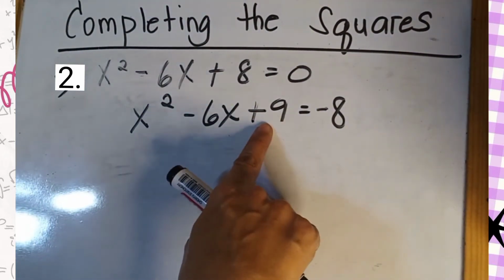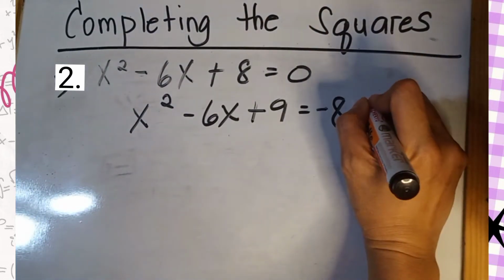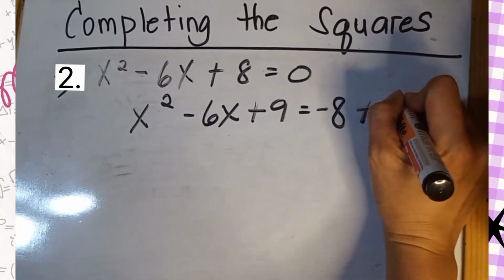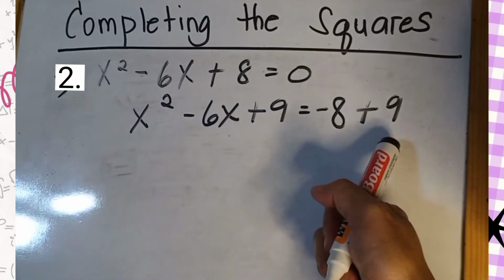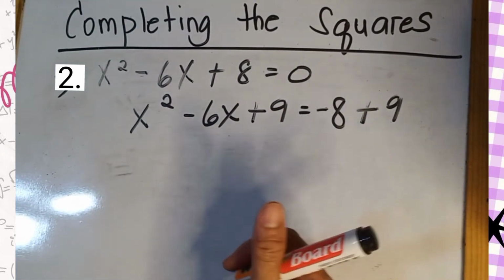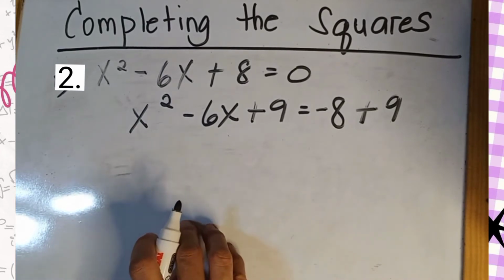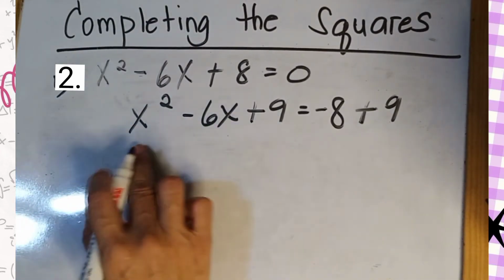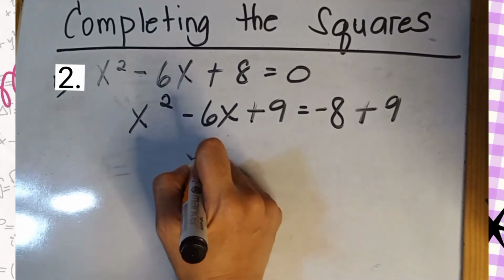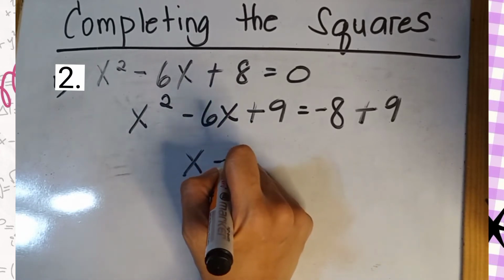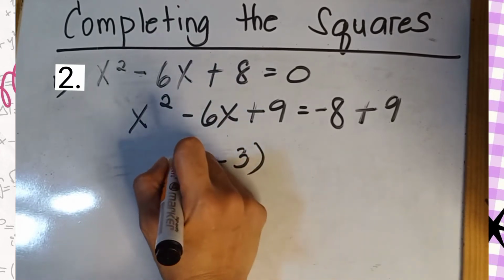And then, nag-add tayo dito ng 9. So, we are going to add positive 9 as well. Alright. Now that we have a perfect square trinomial, this can also be written as x minus 3 squared.